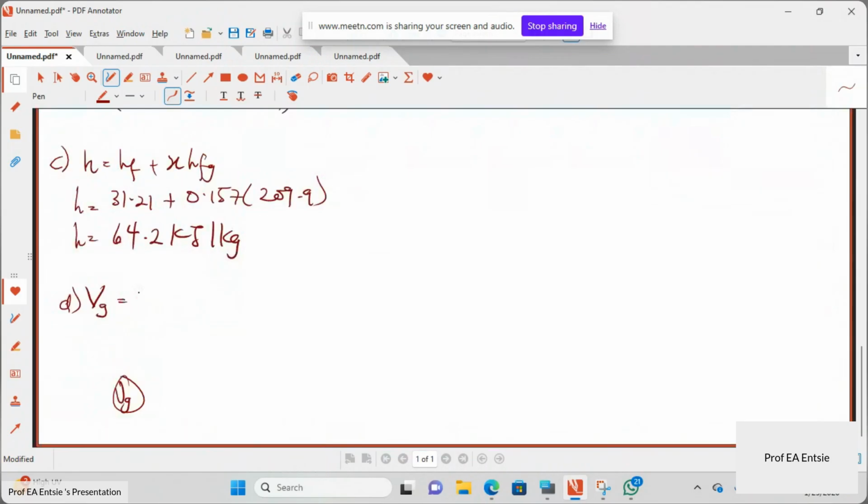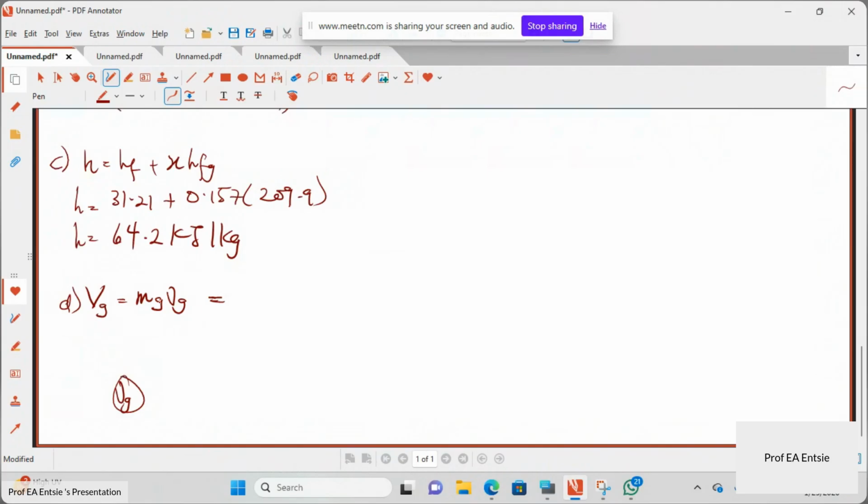So that one will be mass at the vapor phase times specific volume at the vapor phase. Are you okay? Because mass times specific property gives you total property.